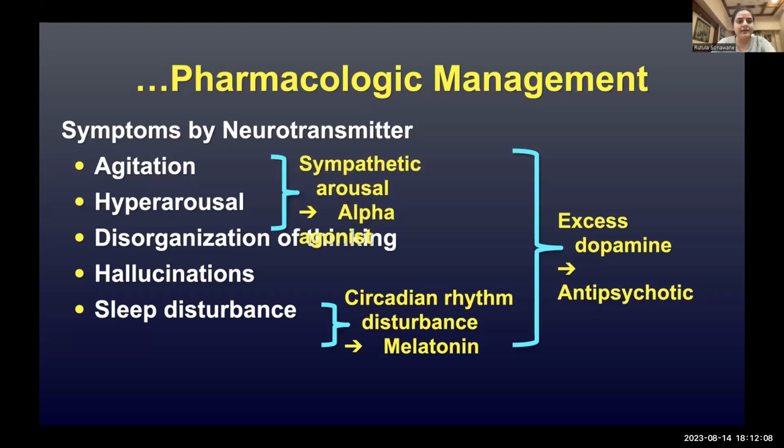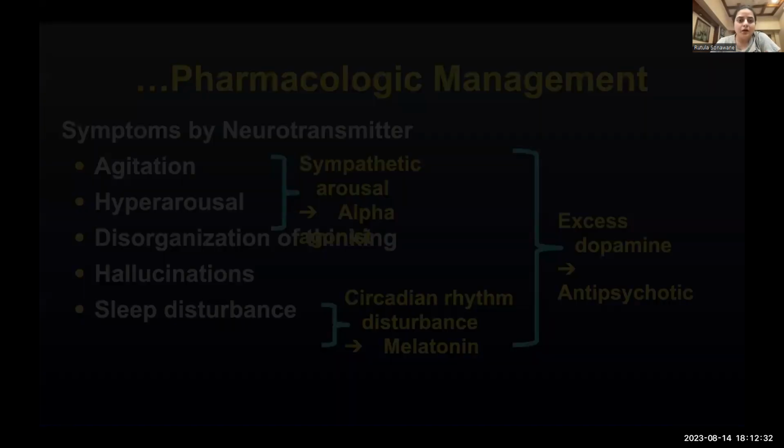The agitation and hyperarousal would be your sympathetic activity, so for that, you would have to give an alpha agonist. For all of these, antipsychotics would be helpful. For your sleep disturbances, melatonin can sometimes be used to manage or regulate the sleep cycle.